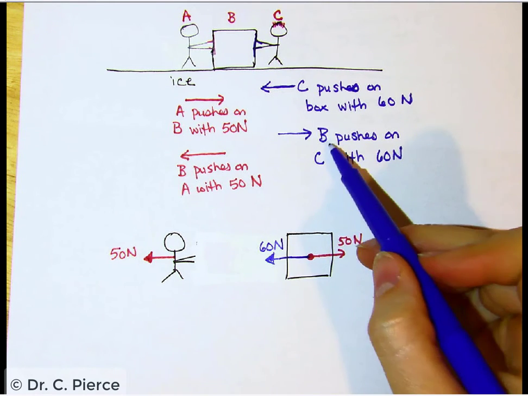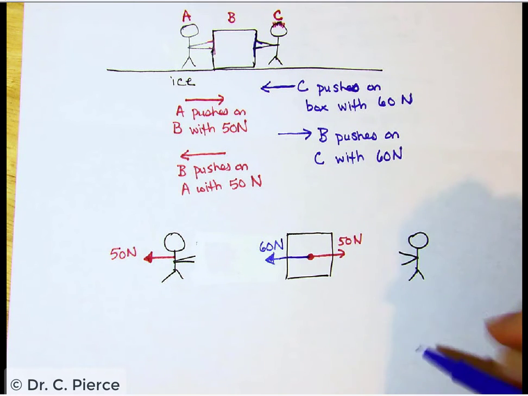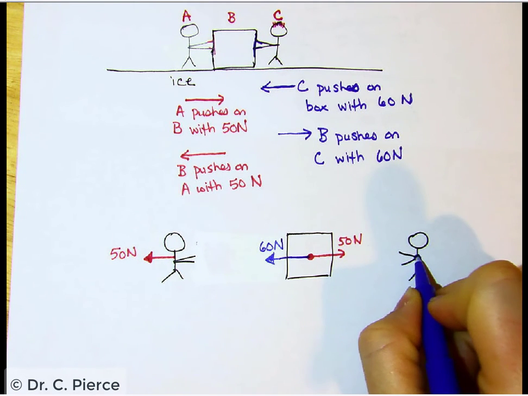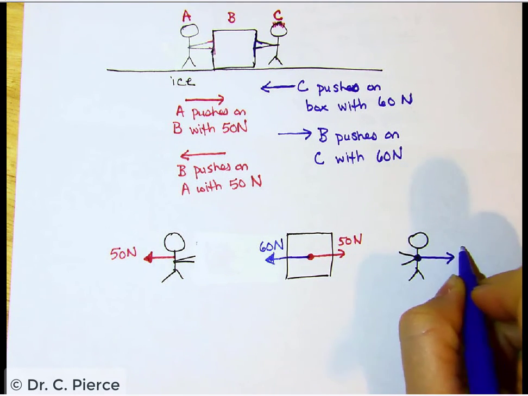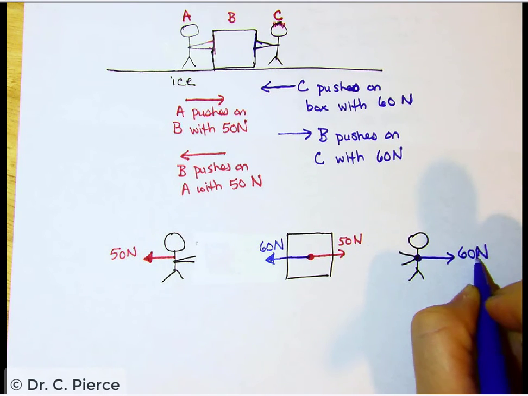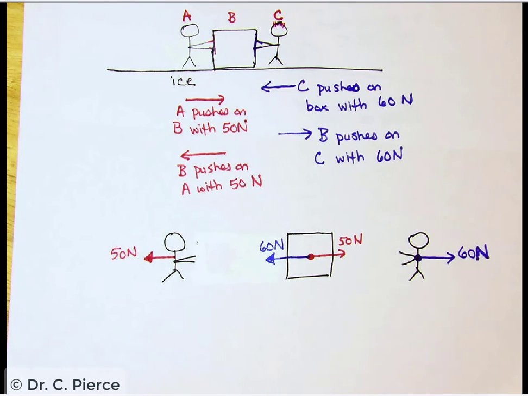And then the box pushes back on me with 60 newtons. So let's say we don't care about what the forces are doing to the people. We only care what happens to the box. So now let's just look at the box.